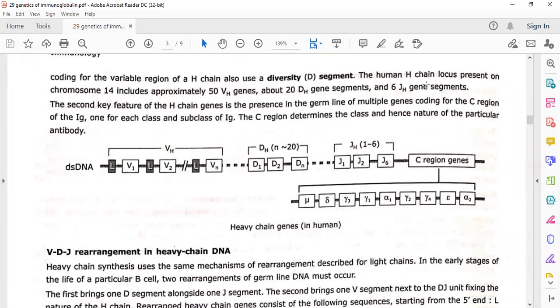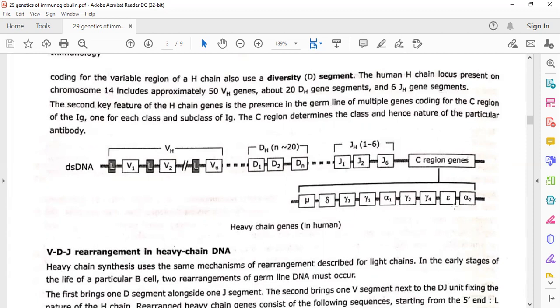The H chain locus is present on chromosome number 14, and the number of V genes is 50, the number of D genes is 20, and the number of J genes is 6. These are followed by the constant genes, and then the types of heavy chains: mu, delta, gamma 3, gamma 1, alpha 1, gamma 2, gamma 4, epsilon, alpha 2.